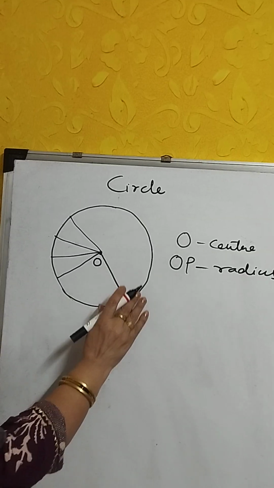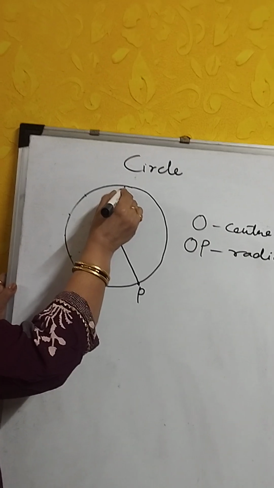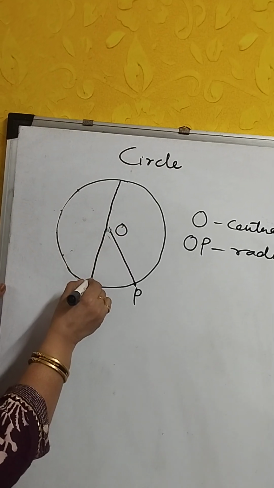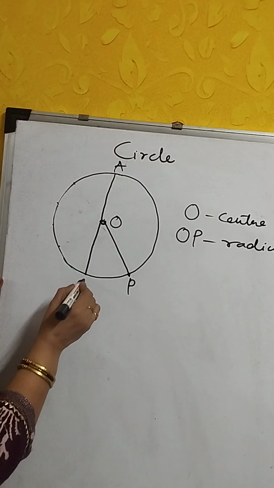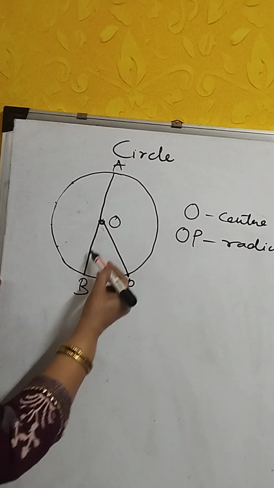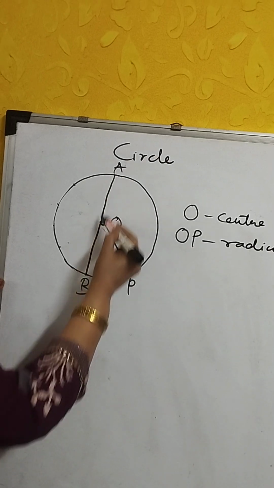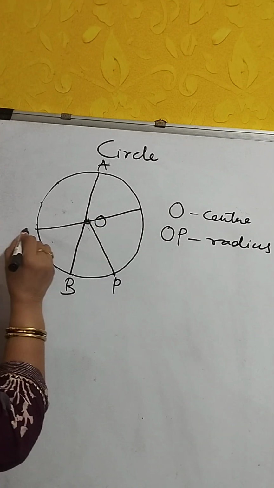Now we are going to study the diameter of the circle. This diameter passes through the center. The segment which passes through the center is called the diameter. Many segments can pass through the center.